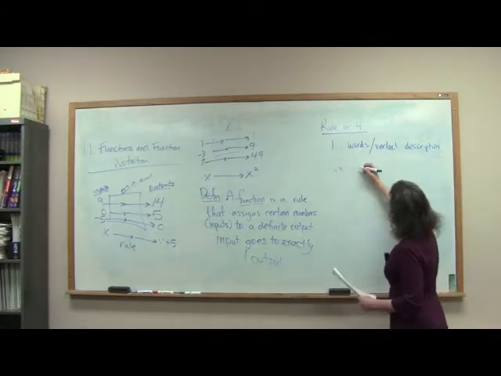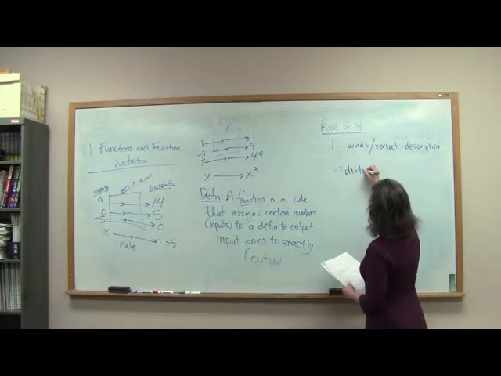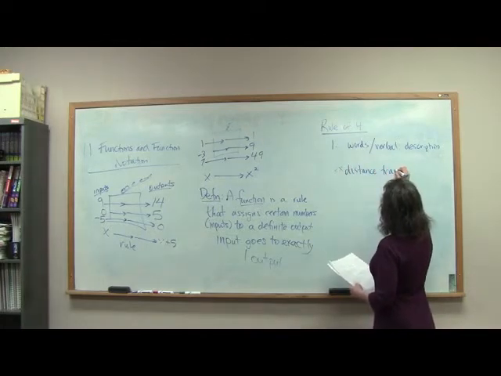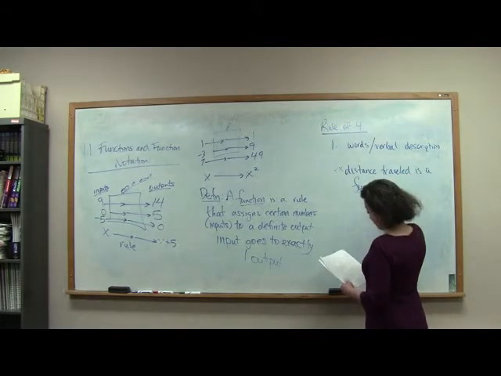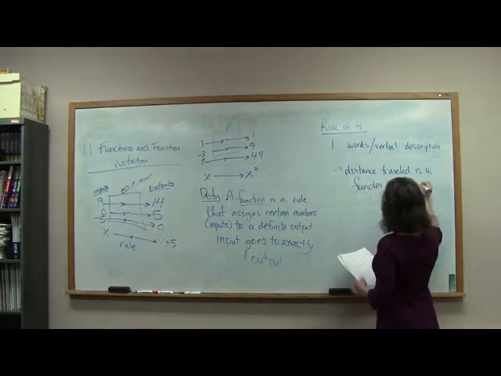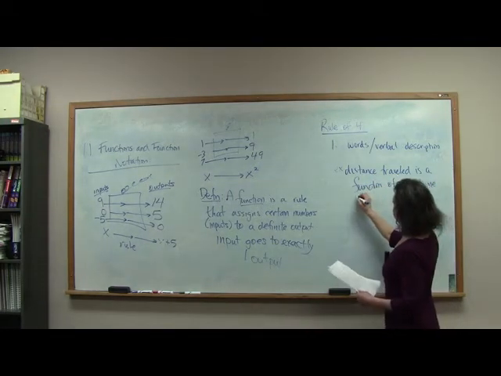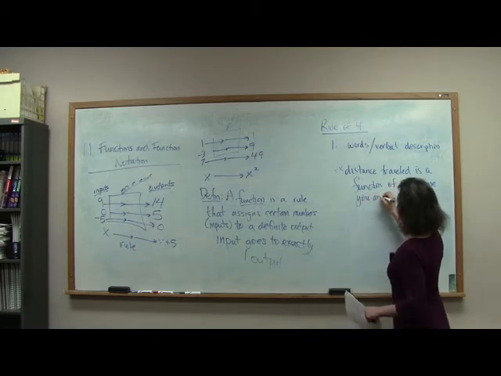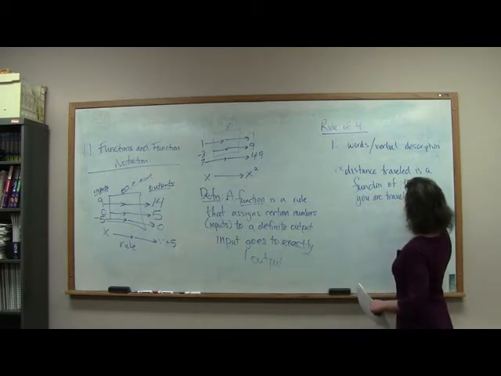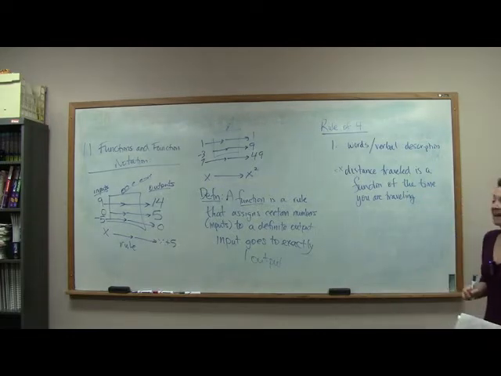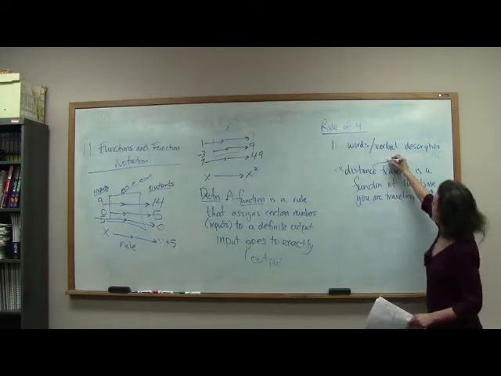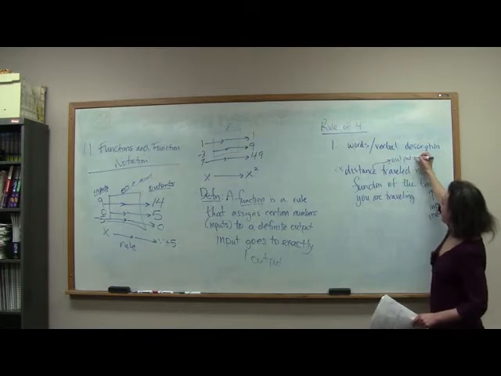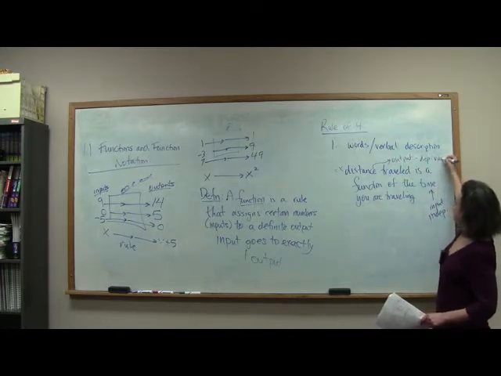One example is that the distance that one travels is a function of the time you are traveling. Again, the time is our input or our independent variable, and the distance gone is the output or the dependent variable.